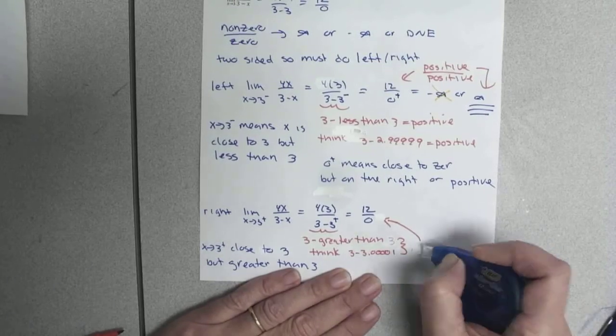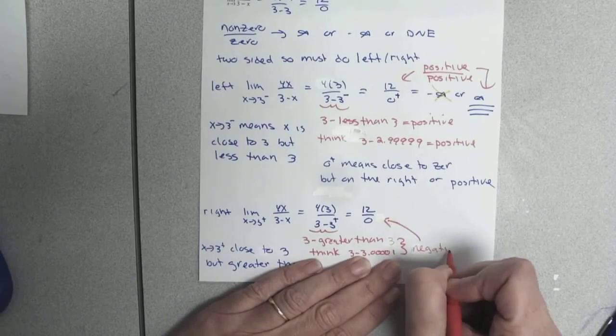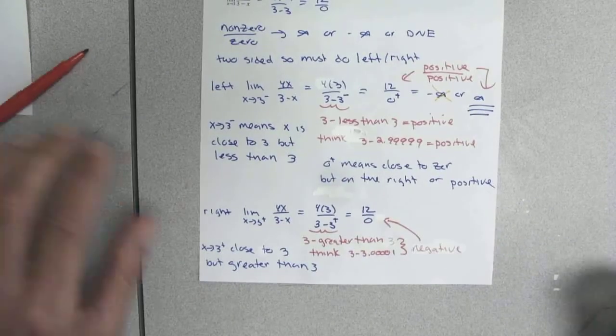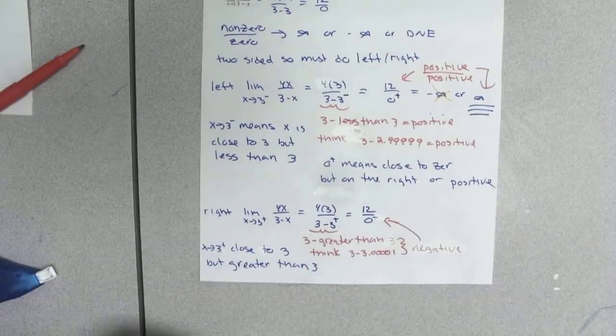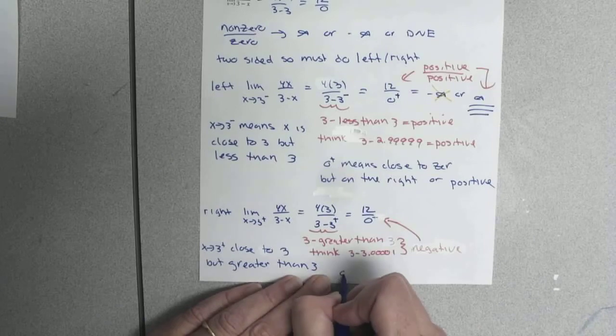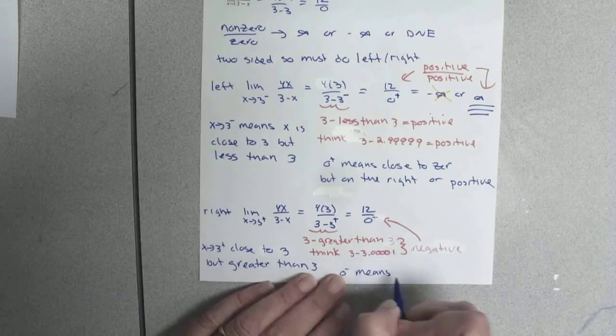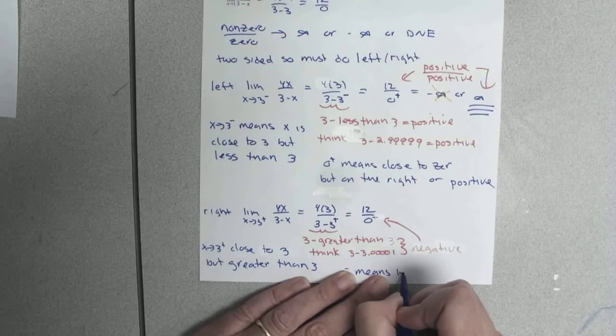3 minus something greater than 3 is negative. I love whiteout. One of the best inventions ever. So there we get that little negative sign. And again, that 0 negative, that's just my personal notation, means negative, less than 0.